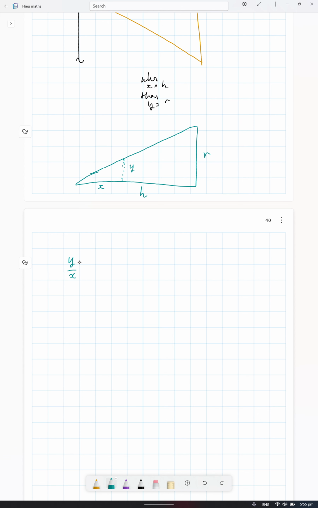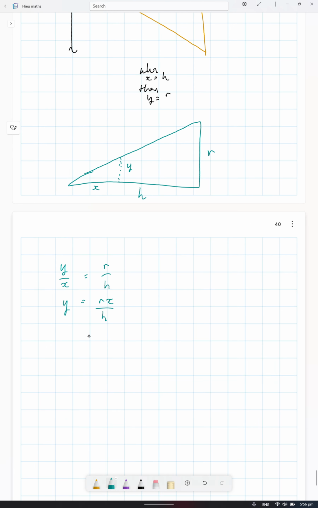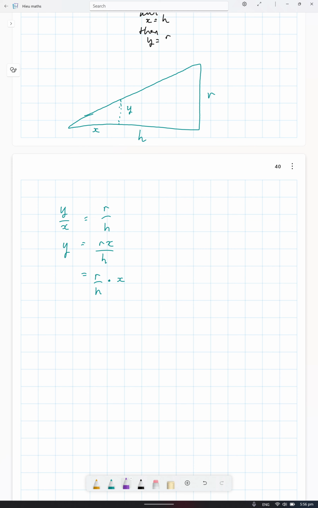So we can just say that y over x is equal to r over h because they're in a similar ratio. Therefore, y is equal to rx over h. We can split this as r over h multiplied by x. You might recognize this as the form y equals mx plus c, where m is equal to r over h and c is equal to 0, right?